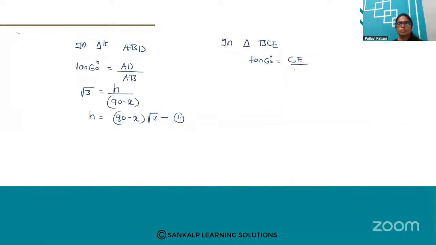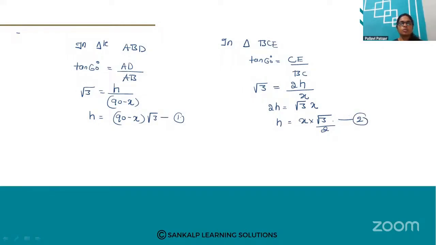So √3 is equal to 2H divided by X. So 2H is equal to √3X, and H is equal to X into √3 divided by 2. Take this as equation number 2.